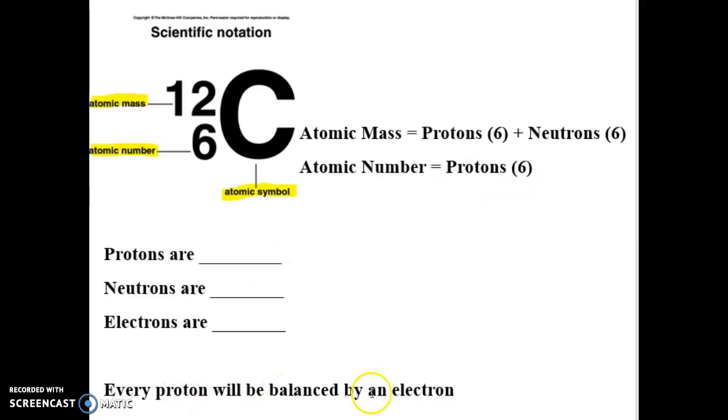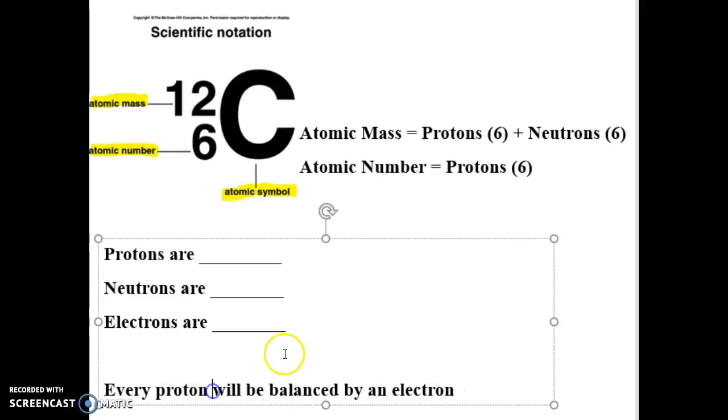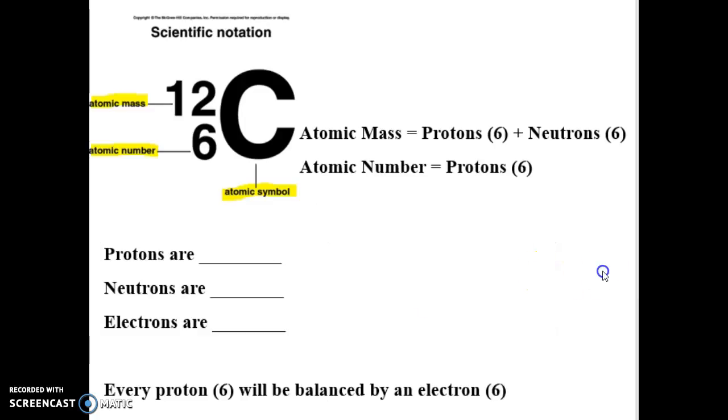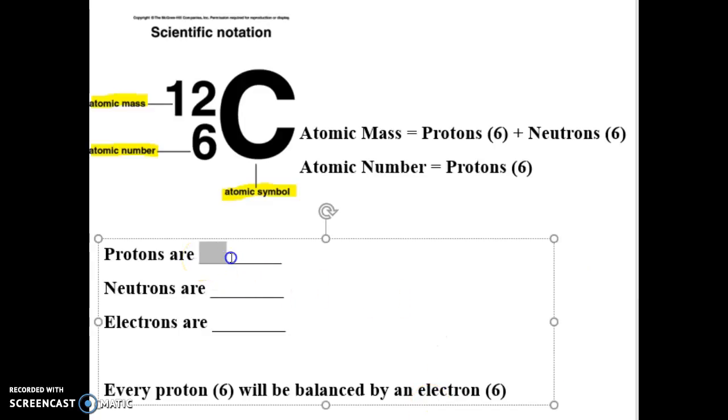So every proton will be balanced by an electron. If your element has 6 protons, you're going to have 6 electrons. Protons equal electrons.